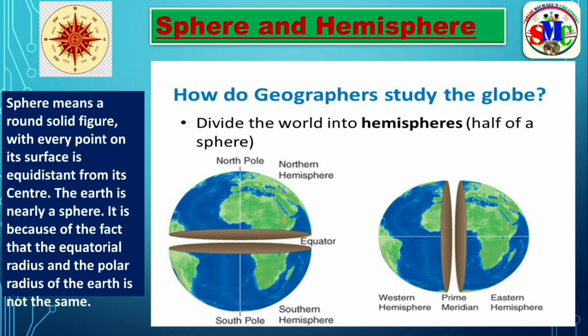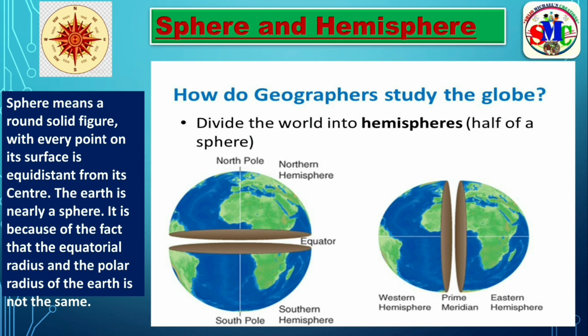Another important concept that we have to learn is sphere and hemisphere. Sphere means a round solid figure just like the shape of a ball. Half of the sphere is known as hemisphere. The shape of the earth is considered as a sphere, and on the basis of latitude we divide the earth into two equal halves.